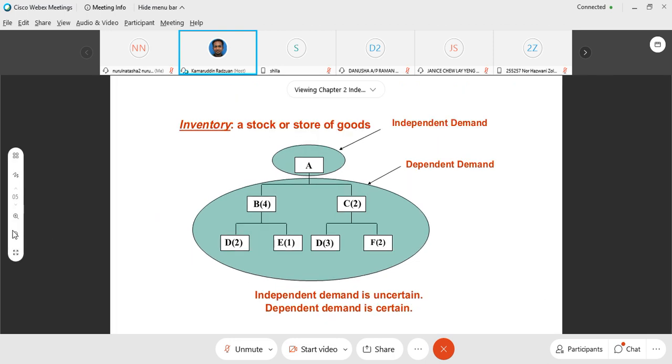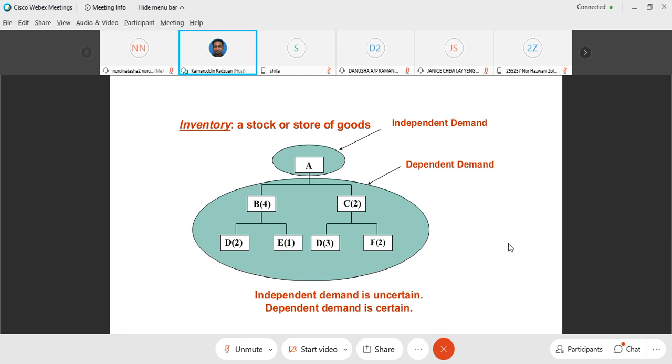For example, for the item under independent demand, normally the demand from customer is uncertain. Kita tak pasti. Kalau finish goods ni, permintaan daripada customer, kita tidak pasti berapa banyak. Kita tak tahu. Kan?